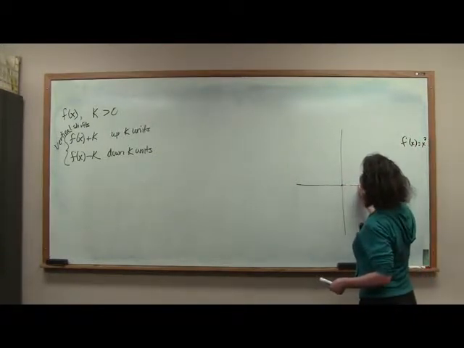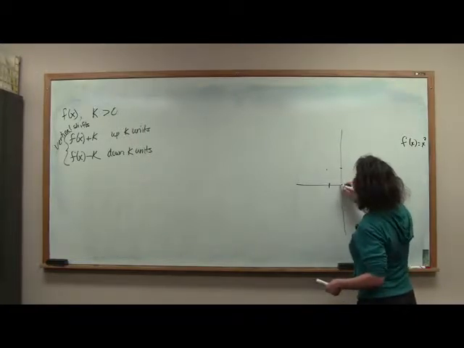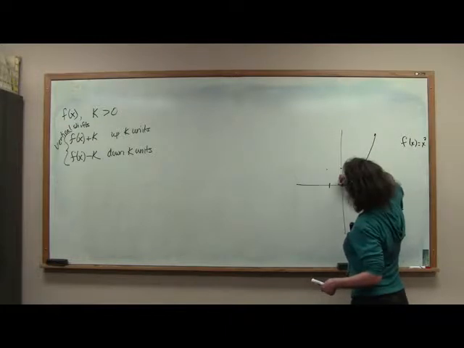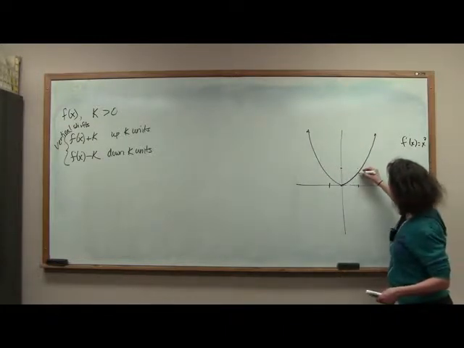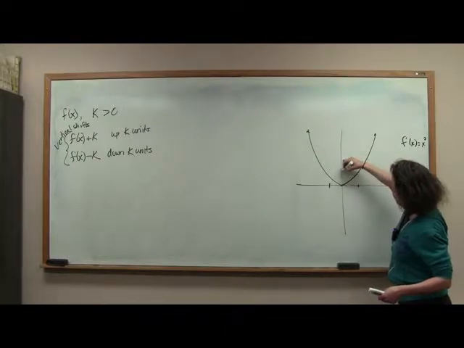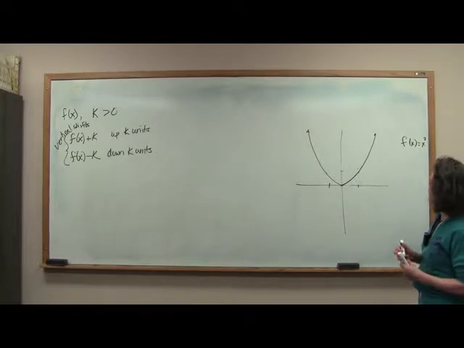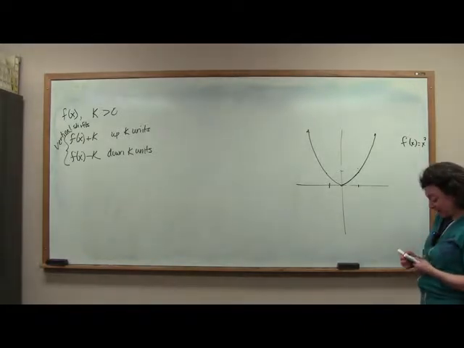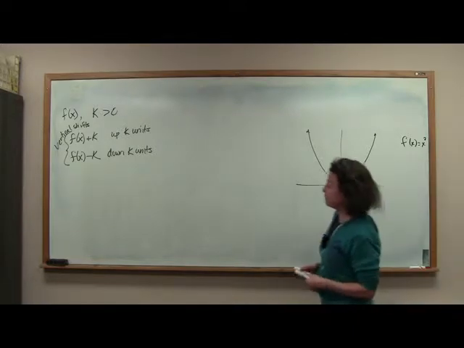So we've got 0, 0, and there's our basic parabola. Let's move our 1 down so it's actually maybe drawn a little bit to scale. Okay, so that's our basic graph of y equals x squared, or f of x equals x squared.